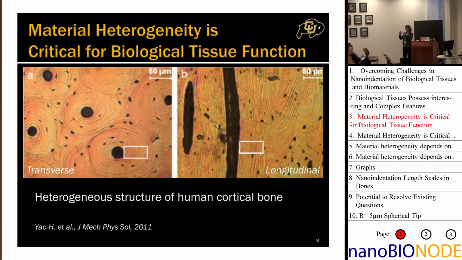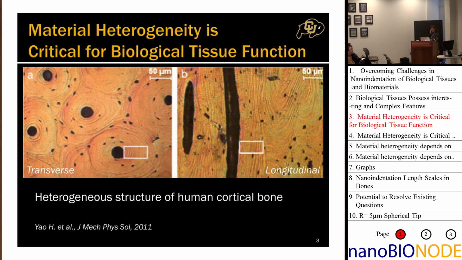In the transverse view, you're looking down the holes that Michelle was showing earlier, and longitudinal, you're looking along the holes. Turns out the material is, of course, aligned in different ways in these two planes. And so we have this heterogeneous structure that really changes what the behavior of the bone looks like in the two different planes.